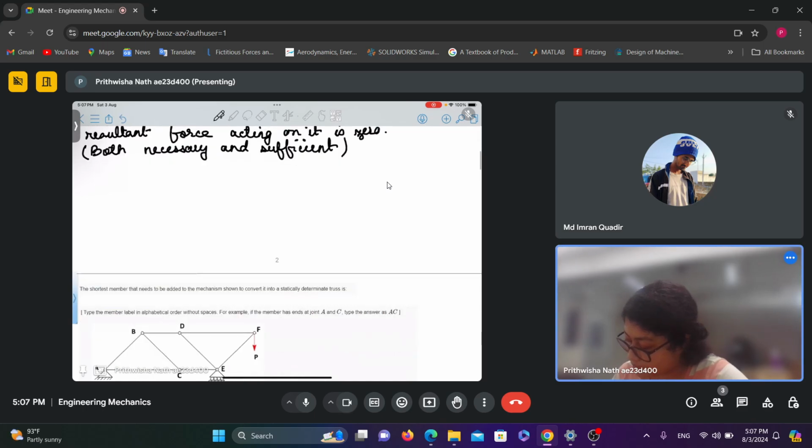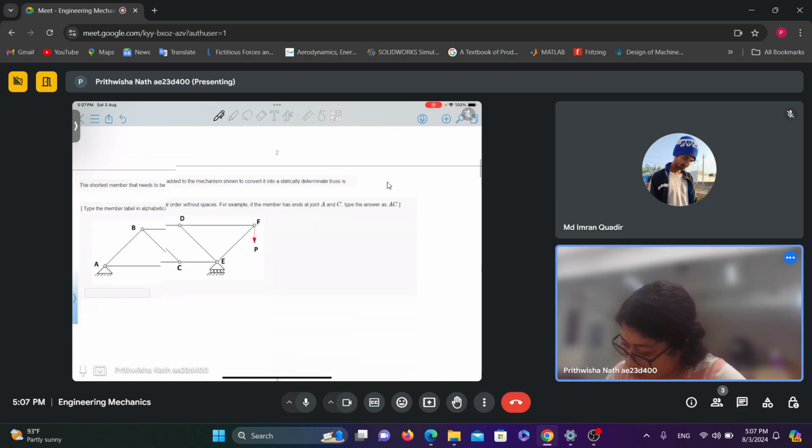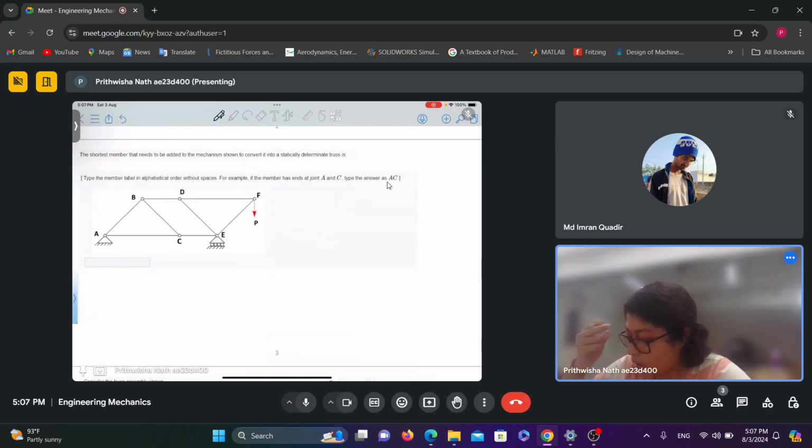So the next problem. The shortest member that needs to be added to the mechanism shown to convert it into a statically determinate truss is... So here, how many members? 1, 2, 3, 4, 5, 6, 7, 8.